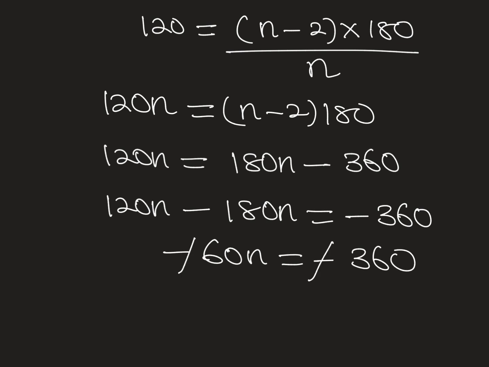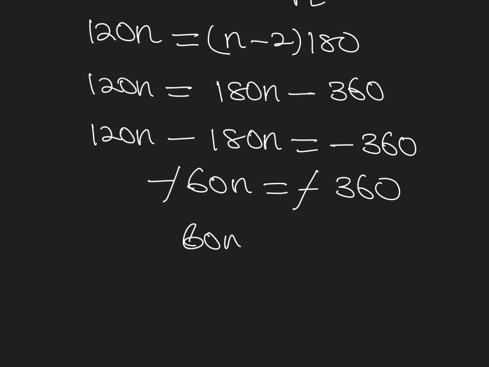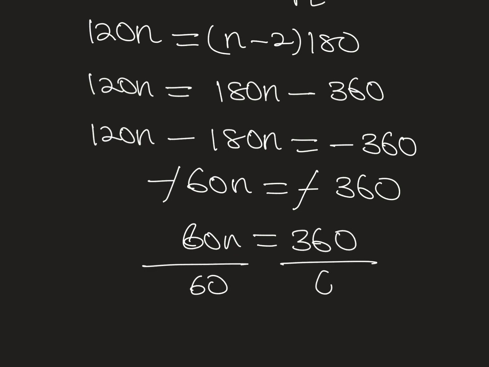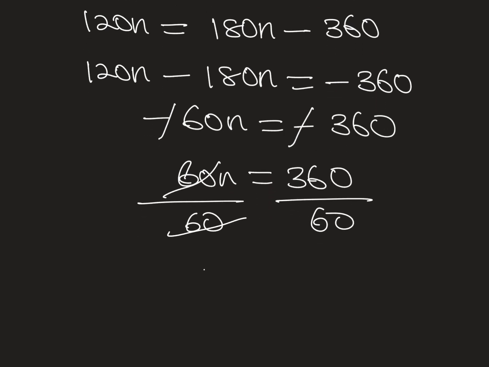The negative signs will cancel. So 60n is equal to 360. Divide both sides by 60 to find n. So n is equal to 360 divided by 60. That is going to be 6 sides. So the number of sides is 6.